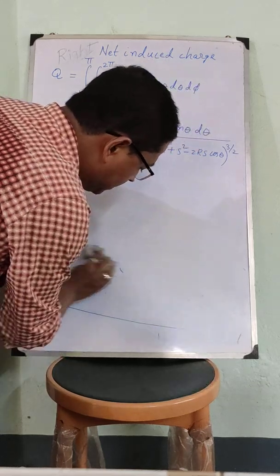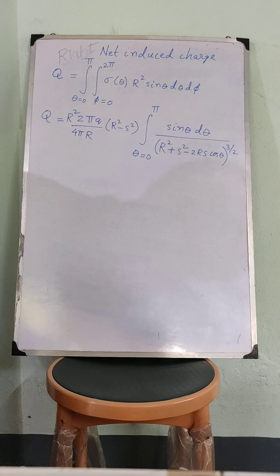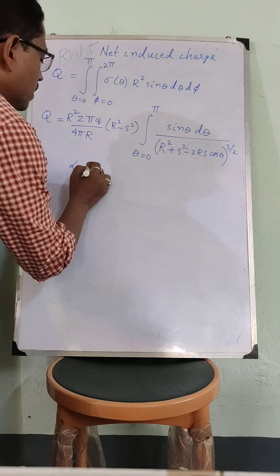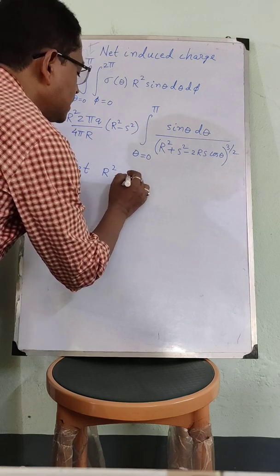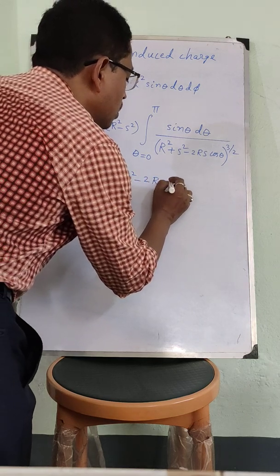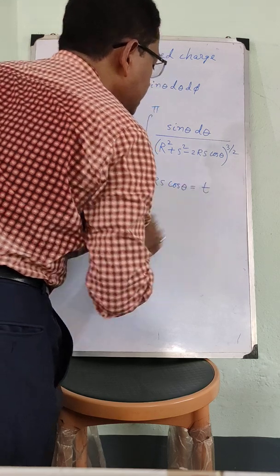Now we will do one substitution. Let R² plus s² minus 2Rs cos theta be equal to t.